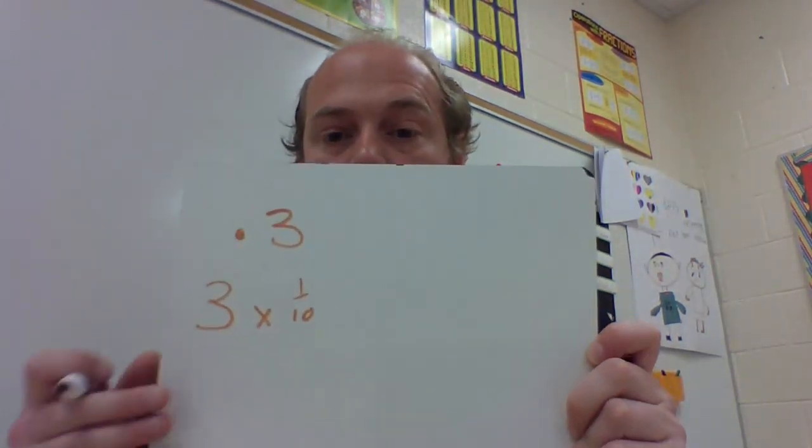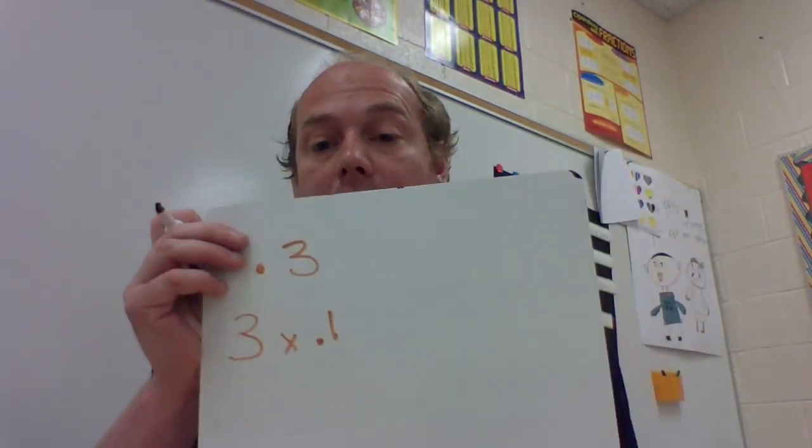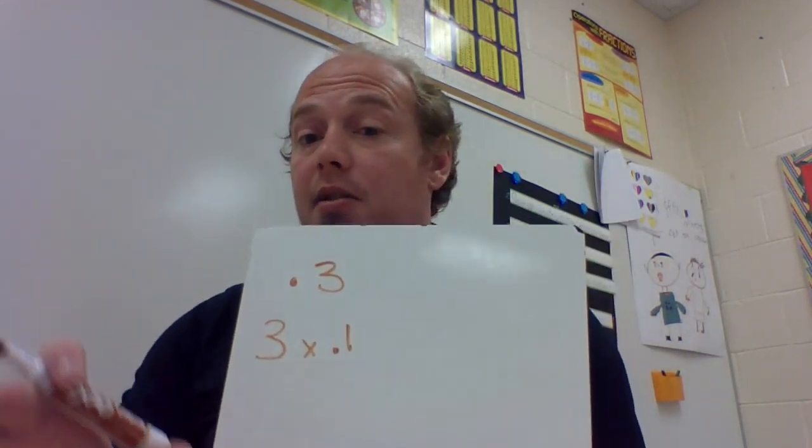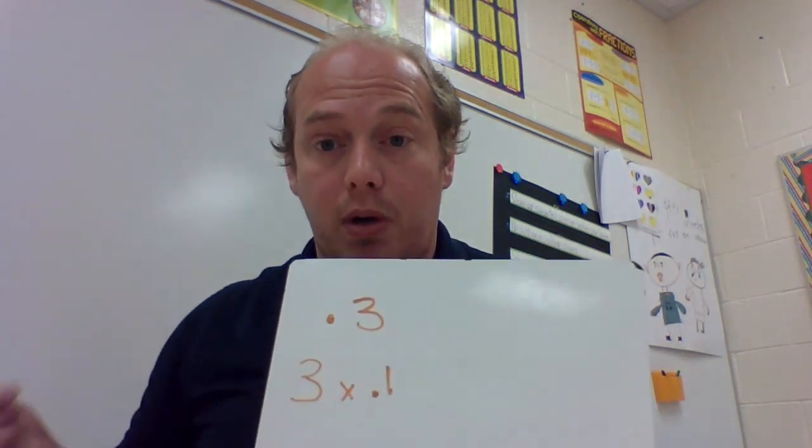So the way that we're going to write that in expanded notation is 3 times, you can do it as a fraction, 1/10, but that's not the way that you're usually going to see it. You're usually going to see it like this: 3 times 0.1. Because if you did 3 times 0.1, you would get 0.3 or 3/10.